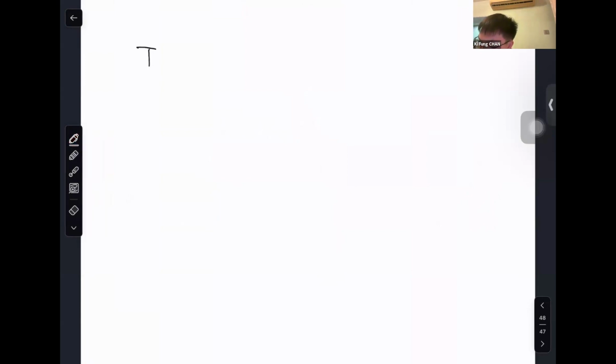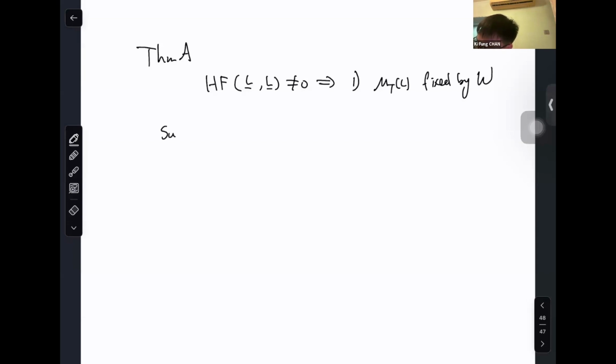For Theorem A, there are two parts. If the Floer cohomology does not vanish, then you need to show that the moment map image is fixed by the Weyl group. For this part, it's very easy to prove, just a few lines.